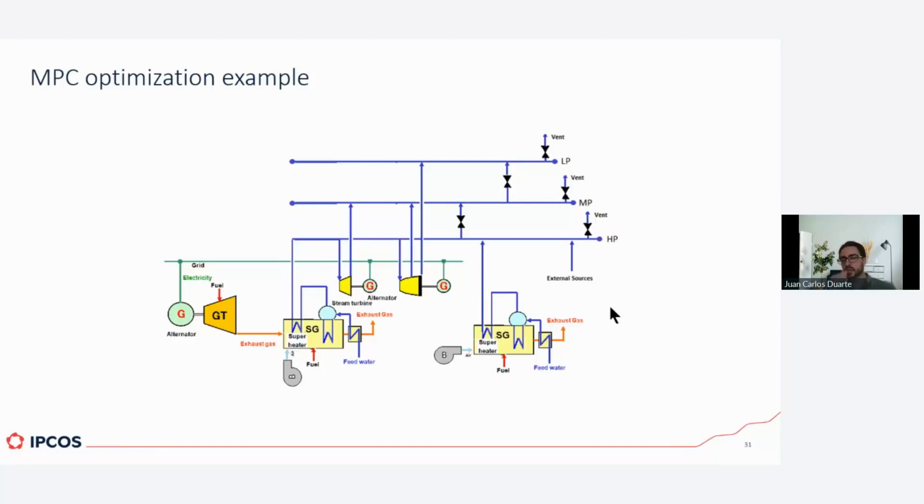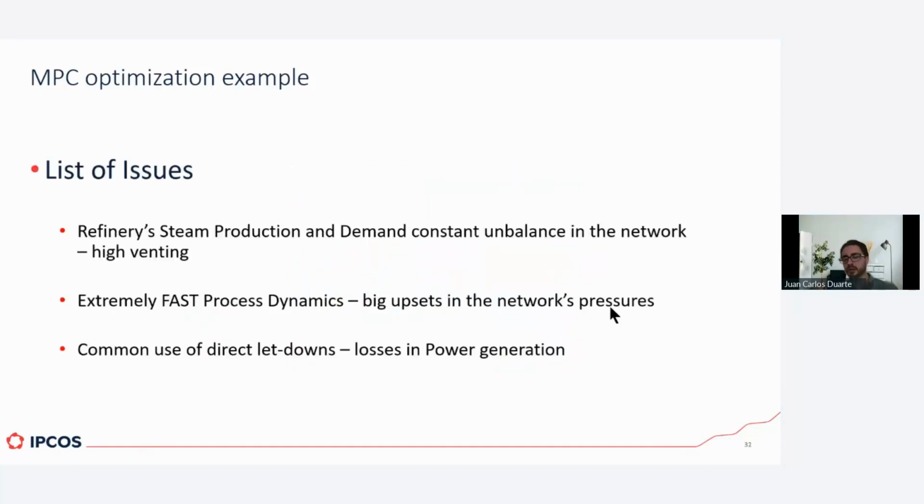So that's why we had to use APC or MPC, and that really helped in dealing with that interaction and reducing the energy consumption.